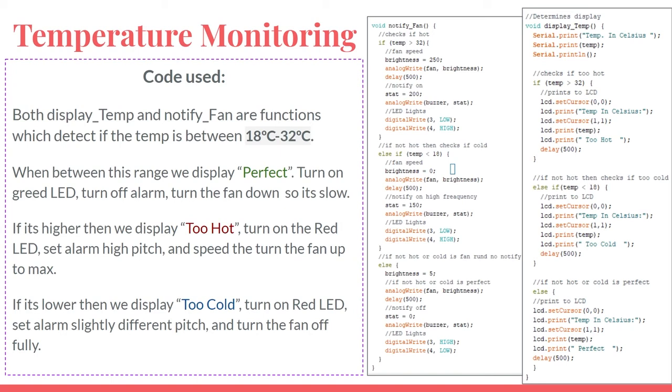Meanwhile, in a hot state, the fan runs at a fast speed, we have a red light, and the alarm is going off at a different pitch than the too cold would. The too cold, however, also runs a red light with an alarm running at a different pitch. However, we also have the fan turned fully off.